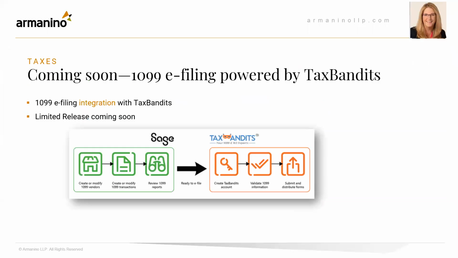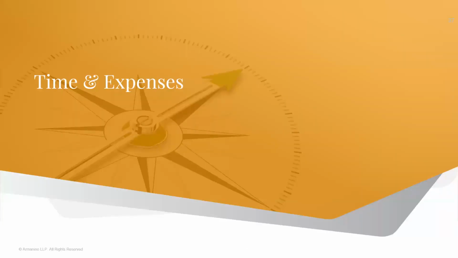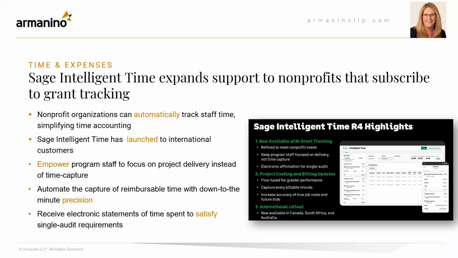Next, time and expenses. Sage Intelligence Time has been expanded to support nonprofits that subscribe to grant tracking. This is great information for our nonprofits that are trying to track and bill out their grants. So nonprofit organizations can automatically track staff time, simplifying the time accounting.